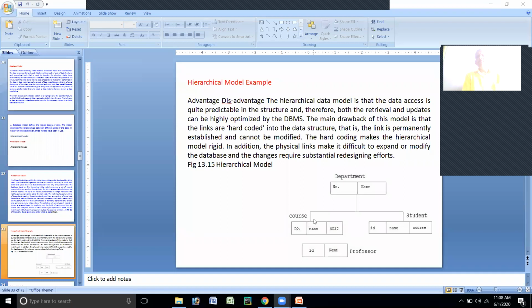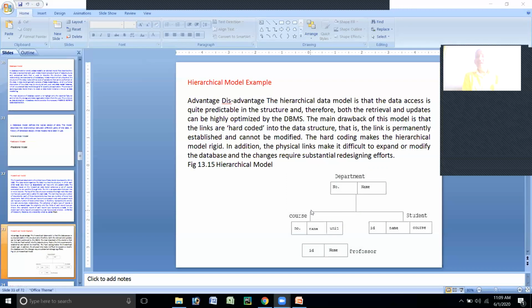Next, we'll go for advantages and example. The advantages. In the hierarchical data model, data access is quite predictable in structure, and therefore both retrieval and updates can be highly optimized by the DBMS. What are you reading in this?